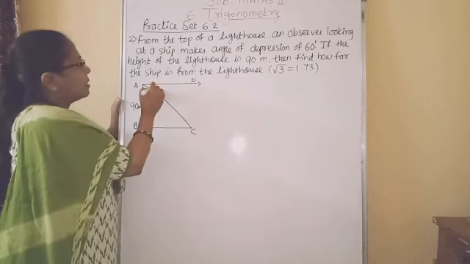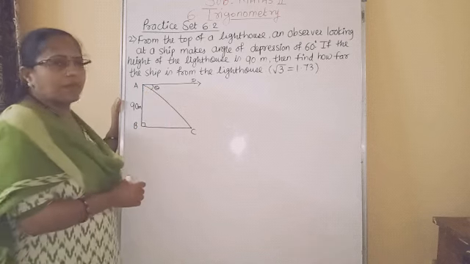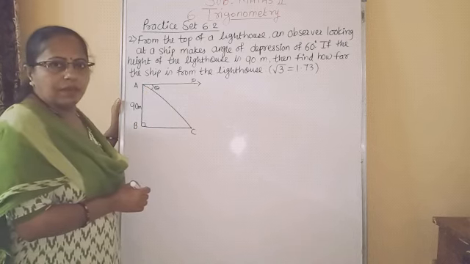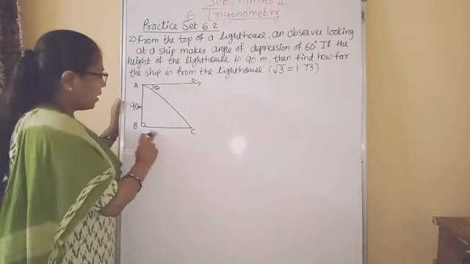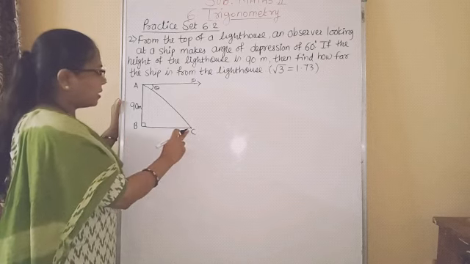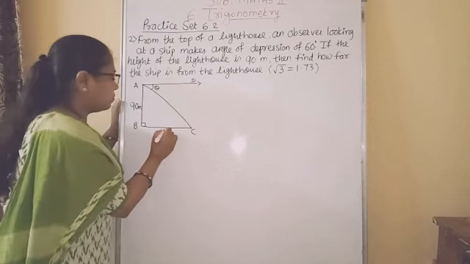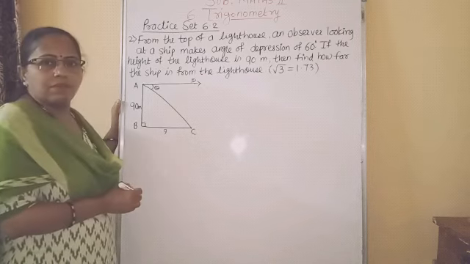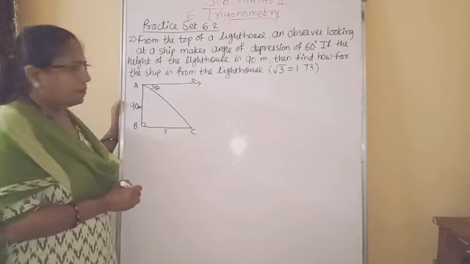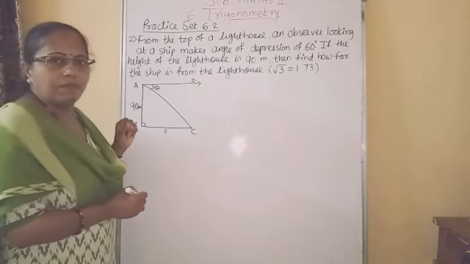So he will make this angle of depression. And we have to find out how far the ship is from the lighthouse. So BC we have to find out. Followed the figure? Okay.